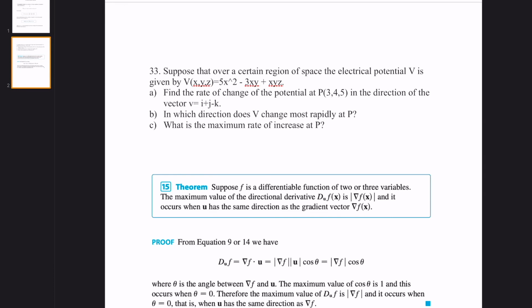So again, as we did in B, this will be maximized when the angle between u and the gradient is 0, and this happens when u has the same direction as the gradient vector.